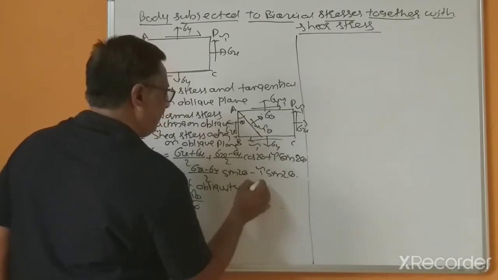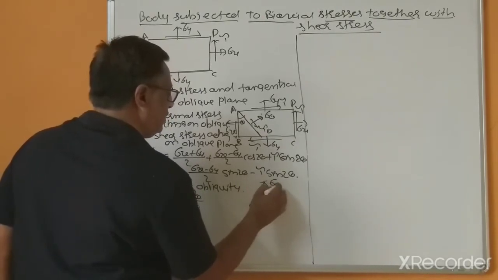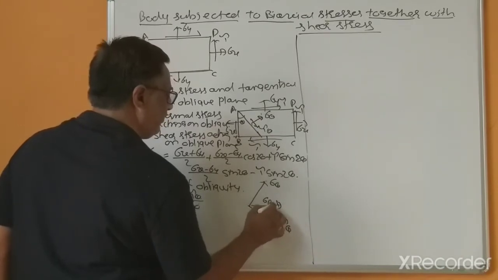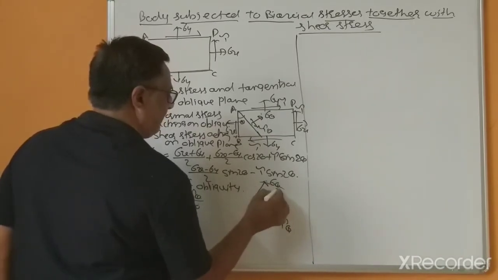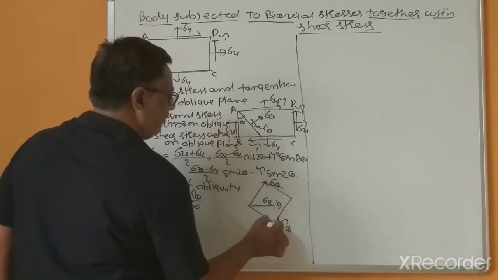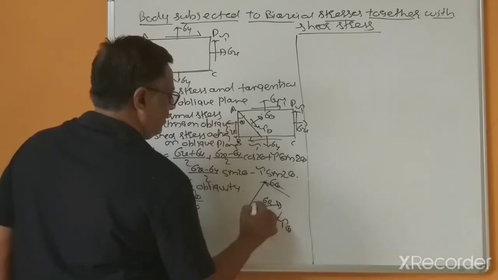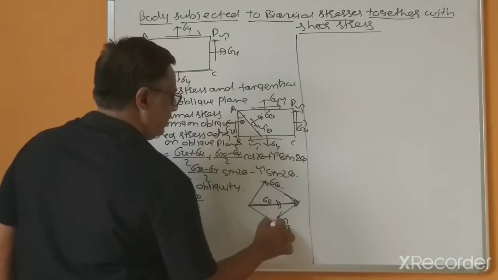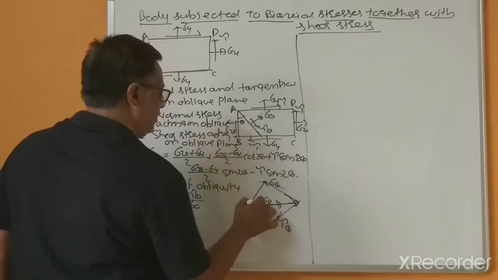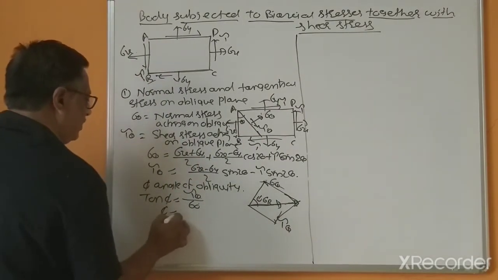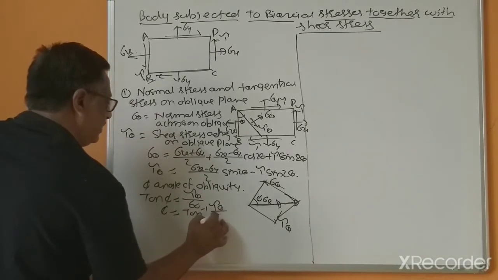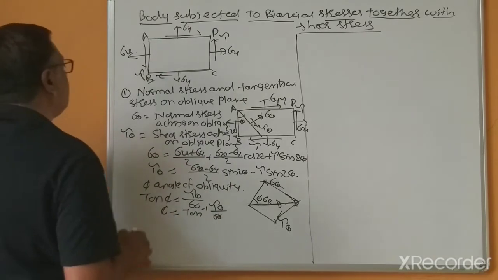Suppose this is sigma theta and this is shear stress, so this is the resultant stress, and this angle is phi, or phi equals tan inverse of tau theta divided by sigma theta. So this is the first formula.